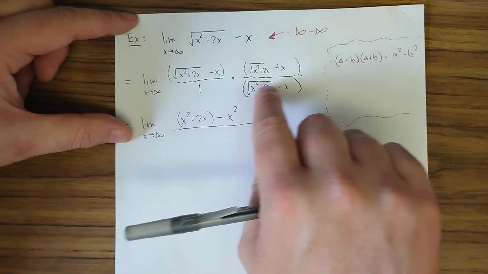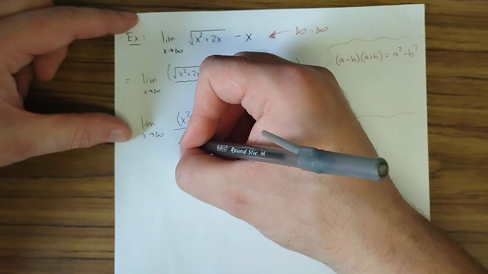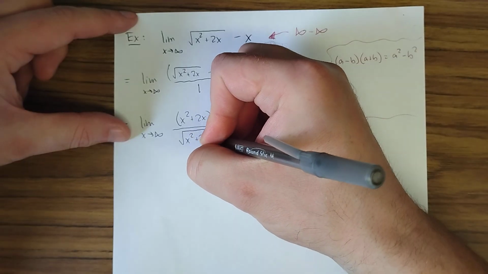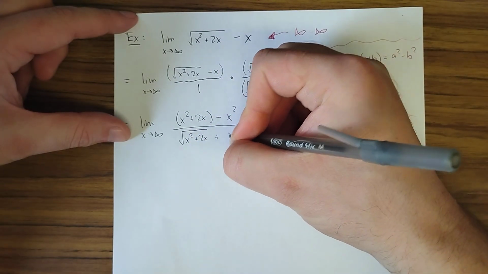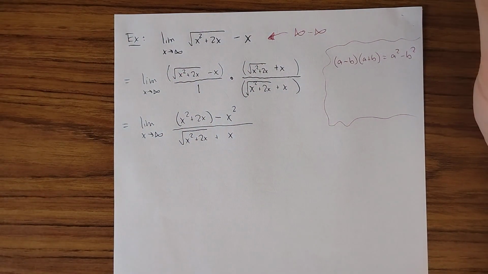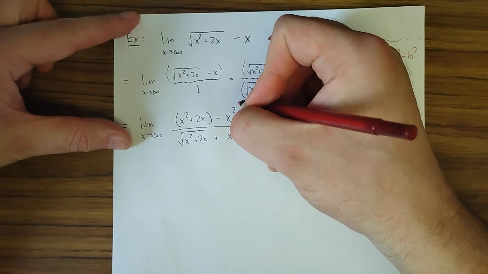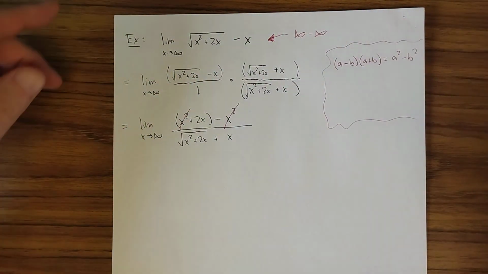And on the bottom, I'm just multiplying by 1. Okay, let me take a look at what's going on now.